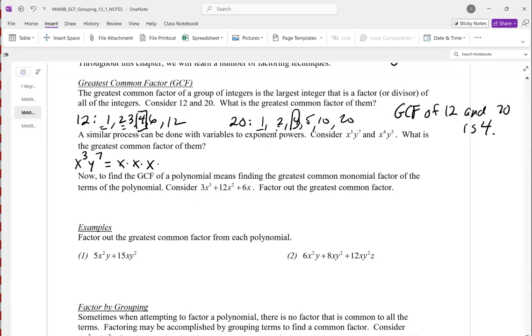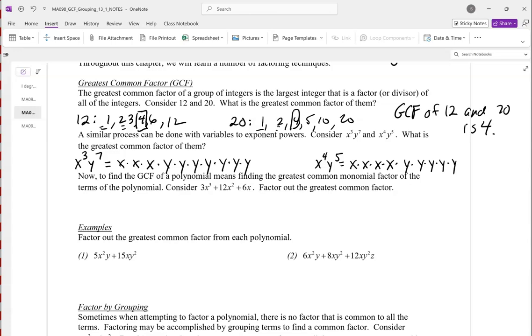And the y to the 7th would be y times itself 7 times, right? We agree with that? Likewise, when we have the x to the 4th, y to the 5th, we'd have x 4 times and y 5 times.